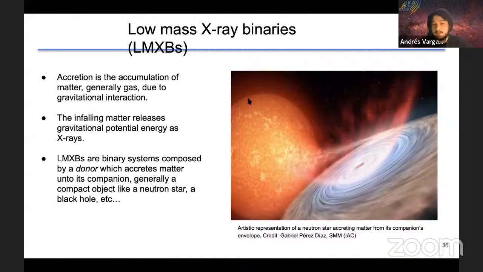To the right, we have an artist's impression of a neutron star with its companion. You can see the red star accreting mass, creating that beautiful disk around the central object, which would be a neutron star in this case. Now, moving on to the next slide.